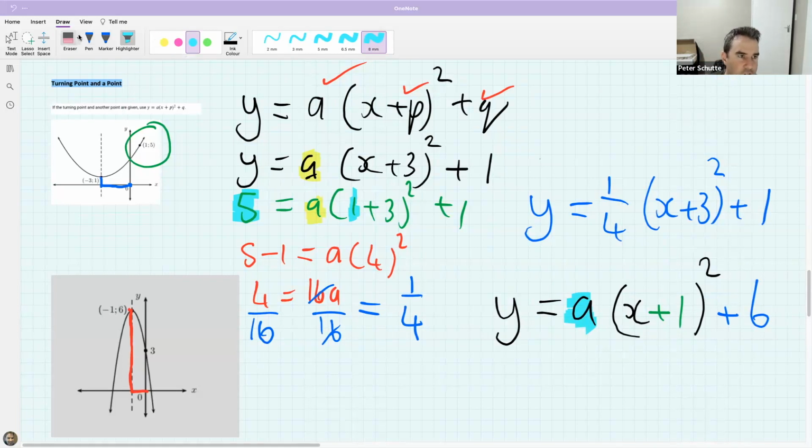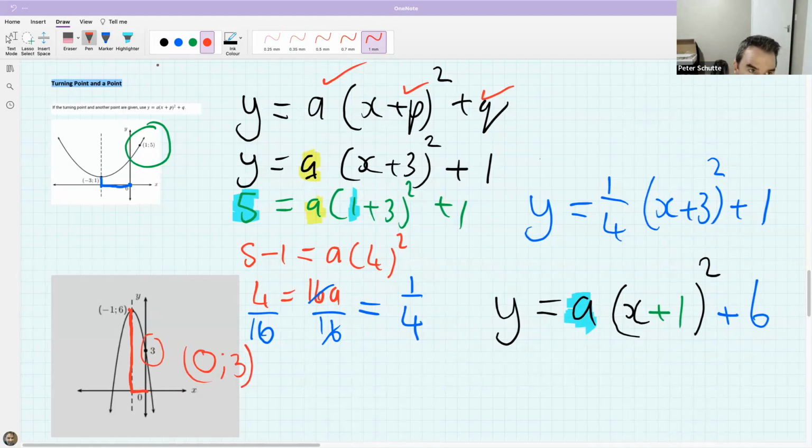What point have we got? What is the coordinate for here? Well, that looks like the y-intercept, which to me should be (0, 3).